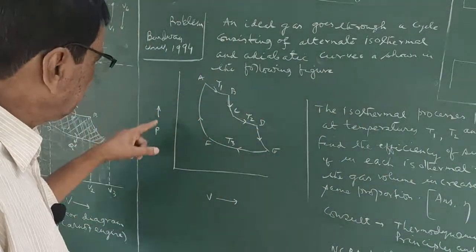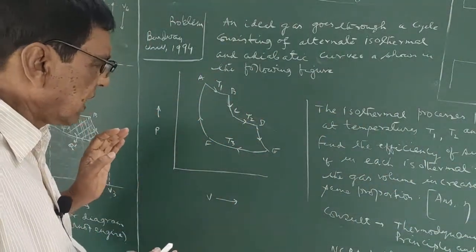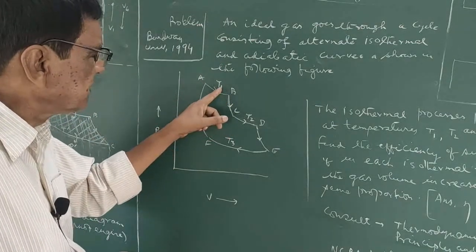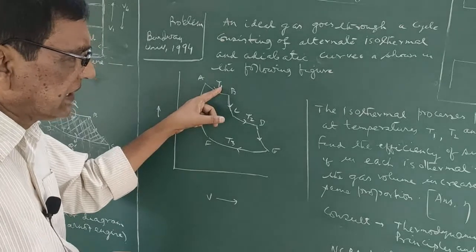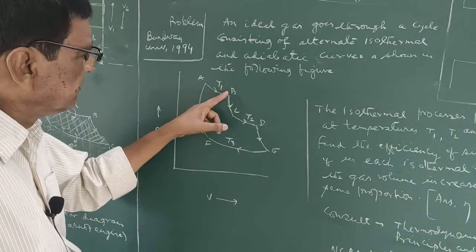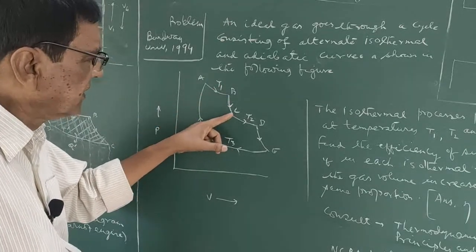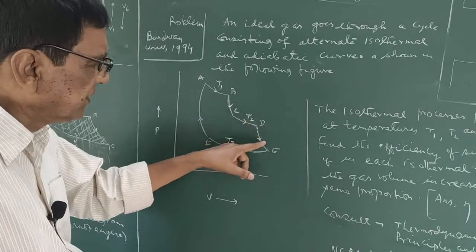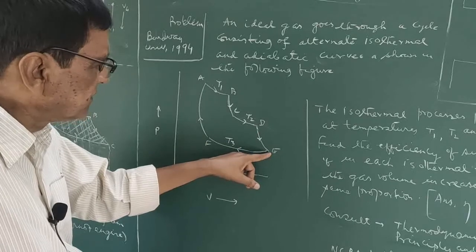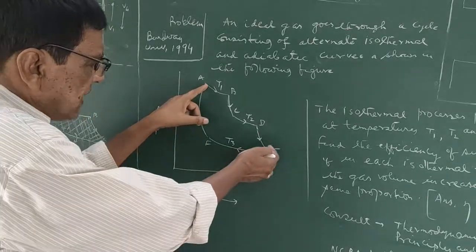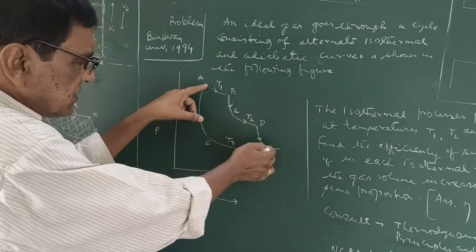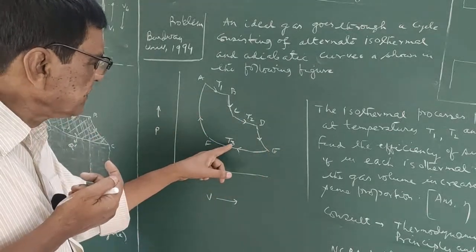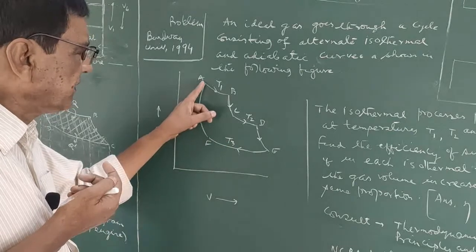The figure is a pressure-volume diagram, starting from A, isothermal at temperature T1, BC adiabatic, CD isothermal at the temperature T2, and DE again adiabatic expansion, and then the compression isothermal at the temperature T3, and again adiabatic coming to the initial state A.